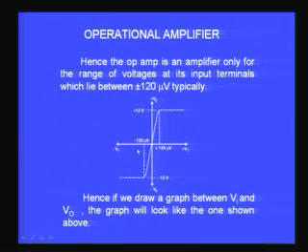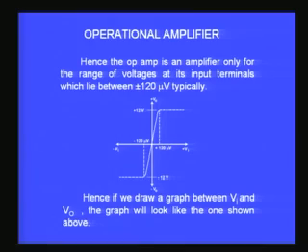Now, you can see if I start from 0 for my input voltage, this is Vi. If I keep increasing my input voltage slowly along the Vi axis, that means I have a power supply with which I can increase the voltage, and I apply between the two input terminals and keep increasing it, so that I get 10 microvolt, 20 microvolt, etc. And you would find till I come up to 120 microvolt, I can have almost linear behavior at the output.